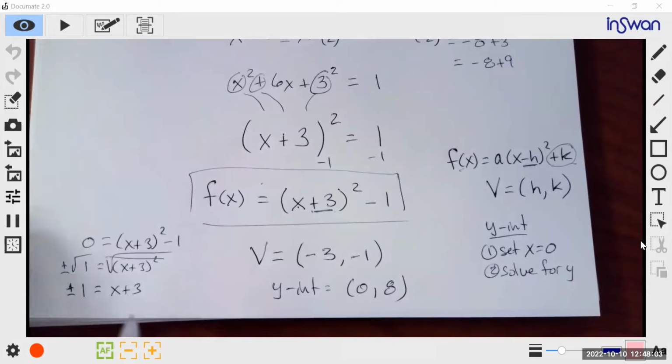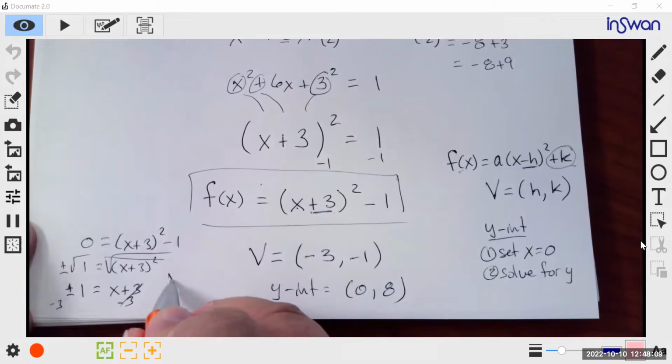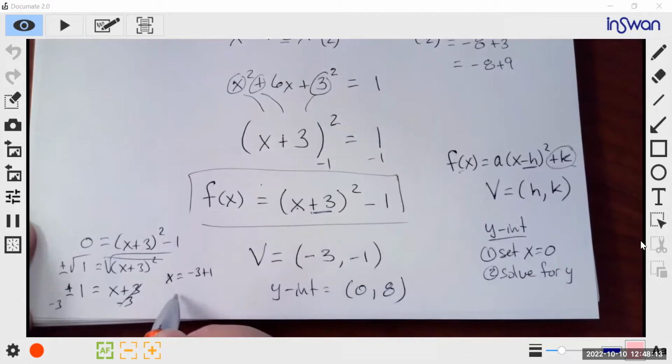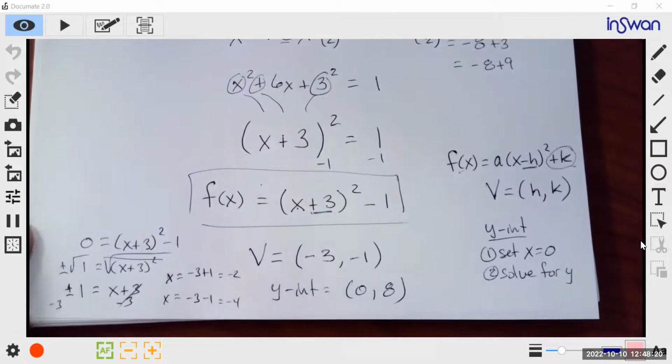Work it out. Subtract 3. So x equals -3 plus 1, and x equals -3 minus 1. -2 and -4 are your x-intercepts.